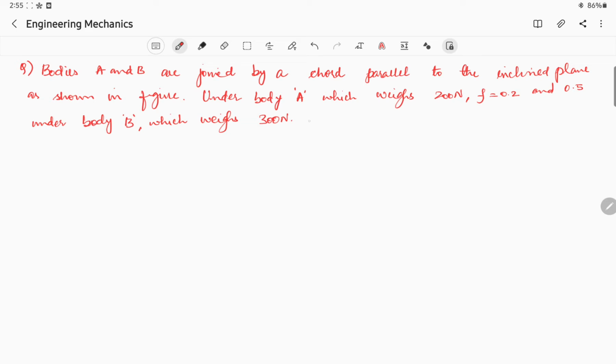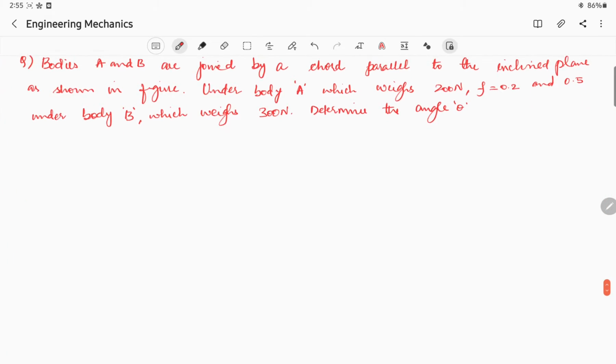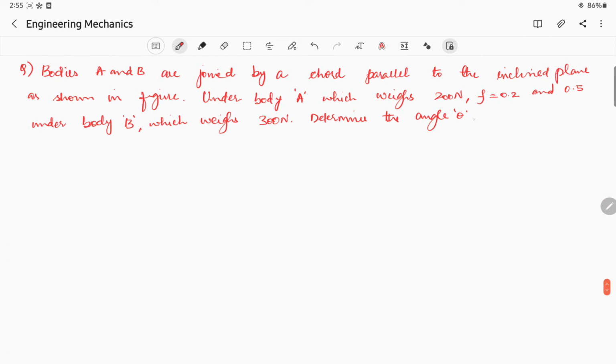Determine the angle theta at which motion starts.